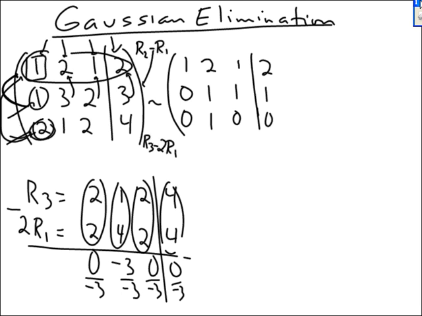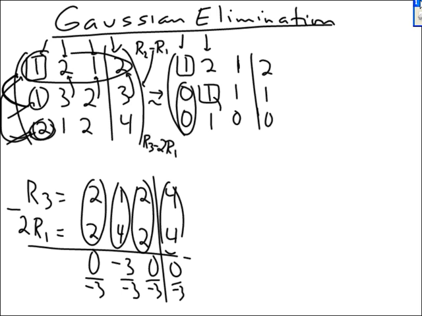So I am done with column 1. In row 1, that's my leading entry, and everything beneath it is 0. Column 1 is done. Now I need to fix column 2. You go to row 2. This is a 1. I only want to get what's beneath it to be 0.